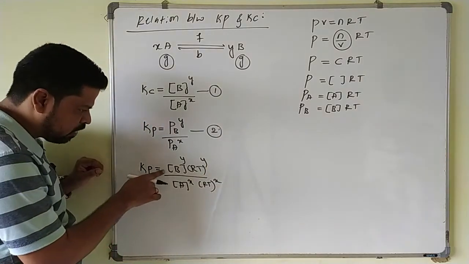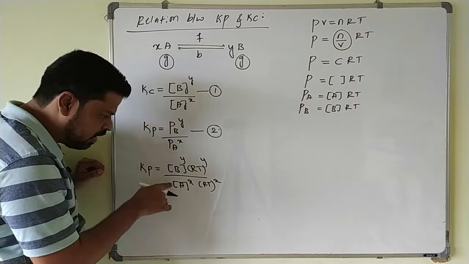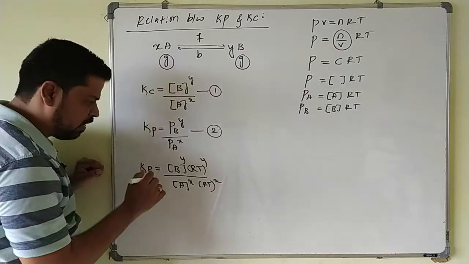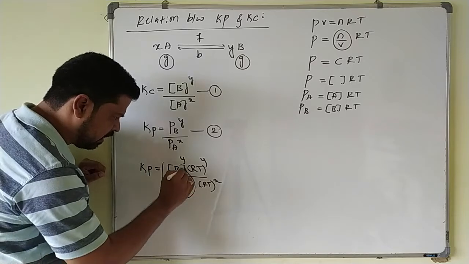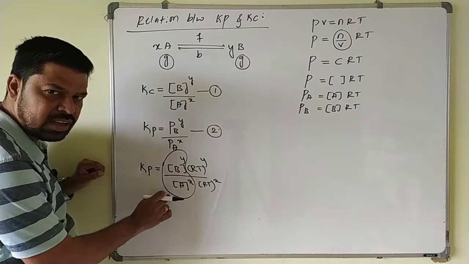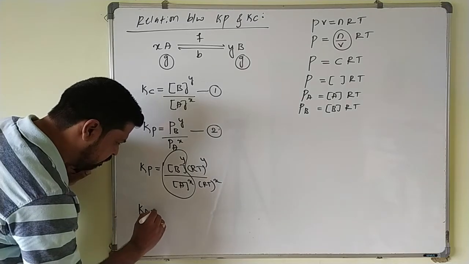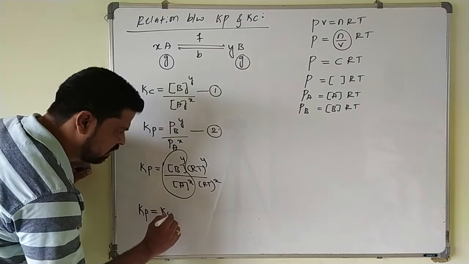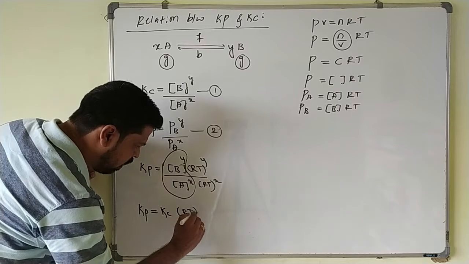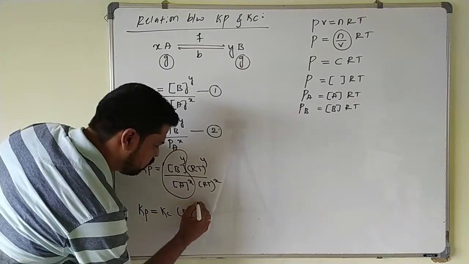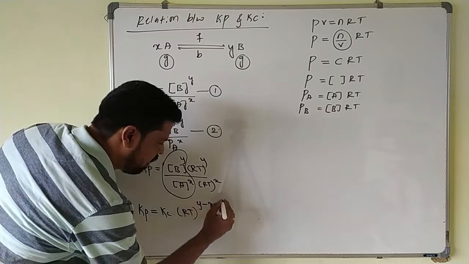Now you can see molar concentration of B power y divided by molar concentration of A power x is nothing but the Kc value. So this can be written as Kp equals Kc into RT power, taking x to the numerator, RT power y minus x.